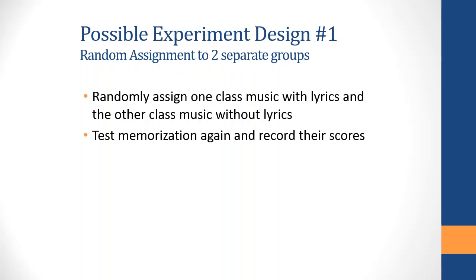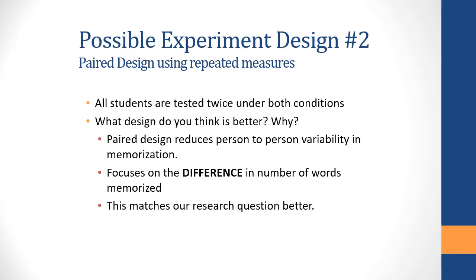So how could you take this same kind of setup and upgrade it into a paired design? Because remember, we saw in the last video that paired design reduces the variability, which might mean we can get stronger inference. So here's a paired design that uses repeated measures. In this case, all the students would be tested twice under both conditions.